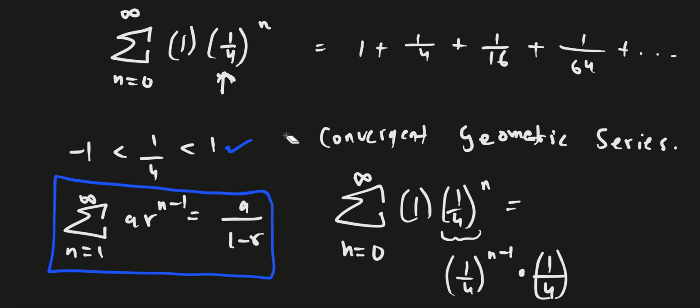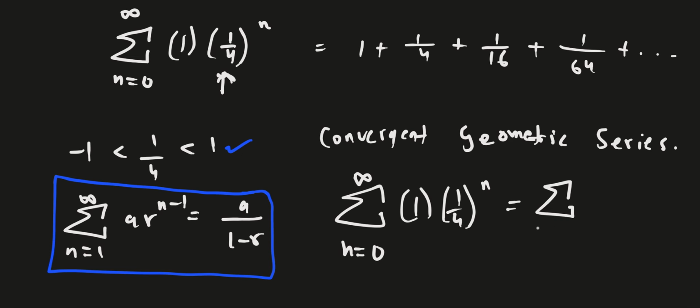So this is equivalent to, you can go from 0 to infinity, we have 1/4 times 1/4 raised to the n minus 1 power. Does this still get you all of this? Well, let's see.